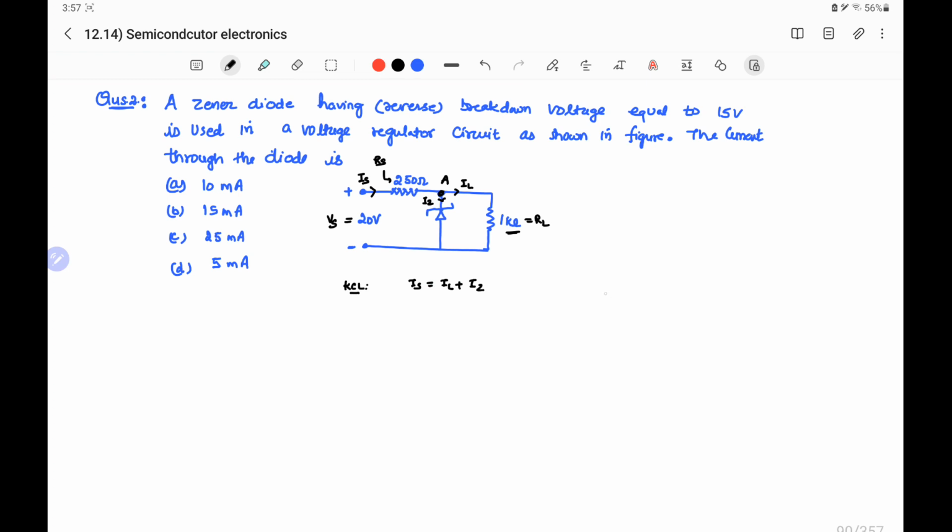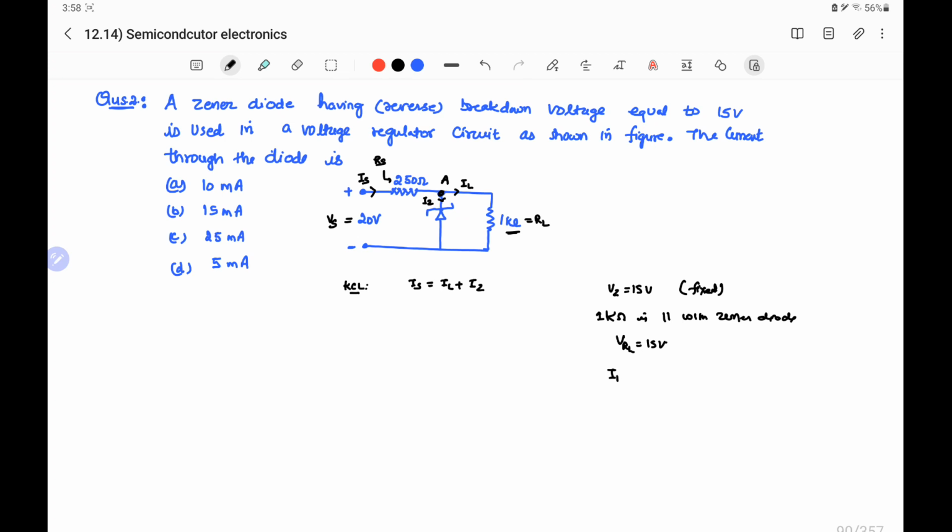Here voltage across the Zener diode is 15 volt and it is fixed if the Zener is under reverse breakdown condition, and the 1 kilo ohm resistance is in parallel with the Zener diode. So voltage across the load resistance will also be equal to 15 volt.